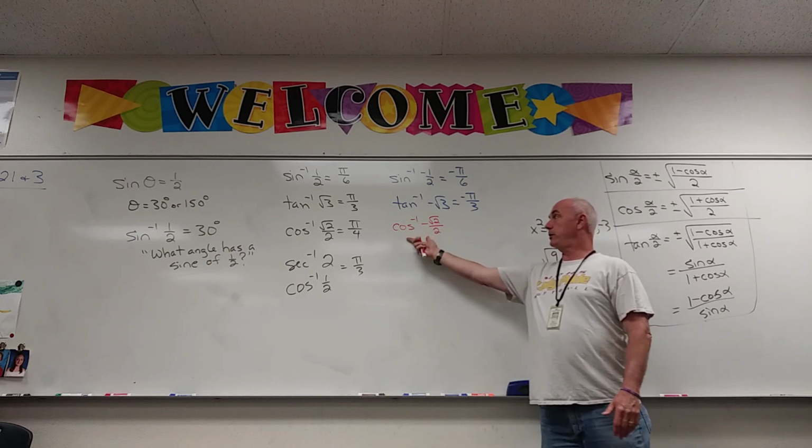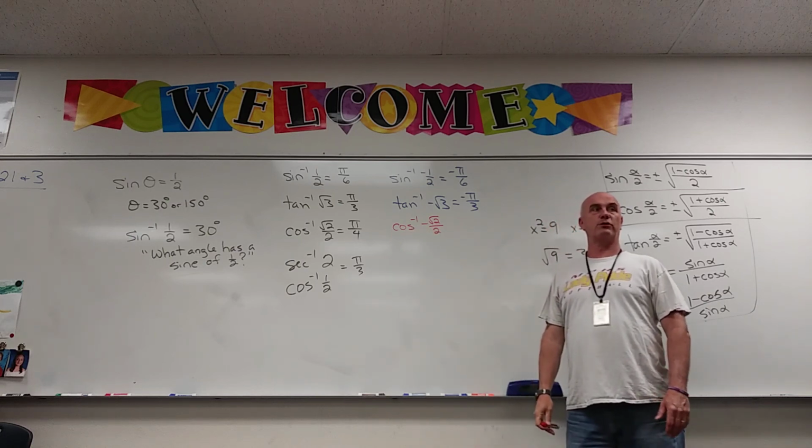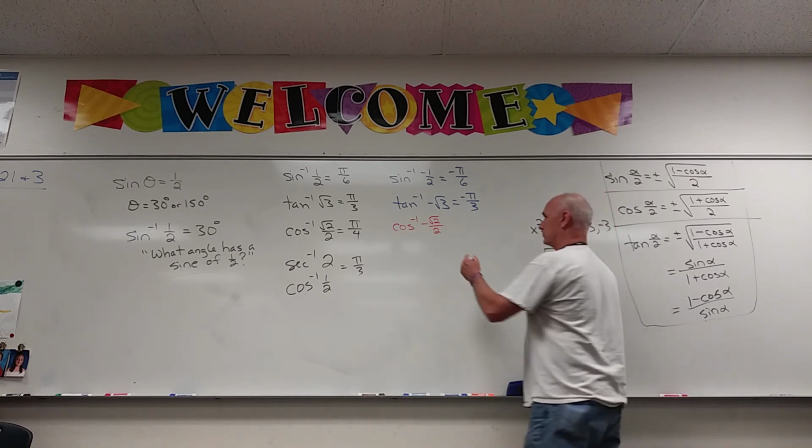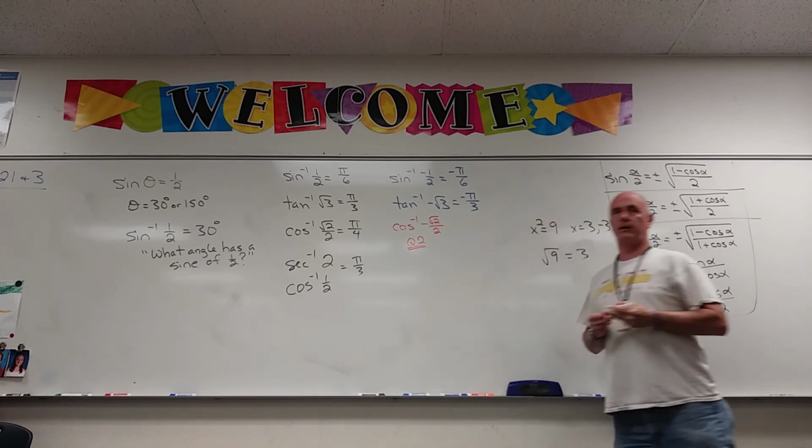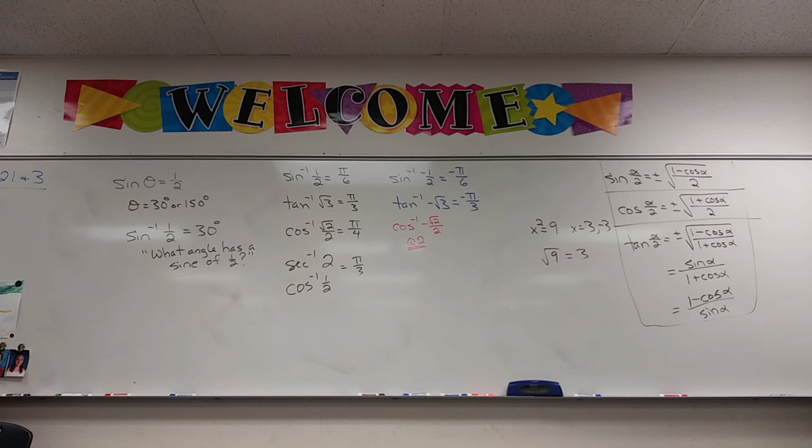And when we're dealing with this, we're dealing with quadrant 2. I will explain in a few minutes, but for right now, just accept quadrant 2, just for negatives and cosine.